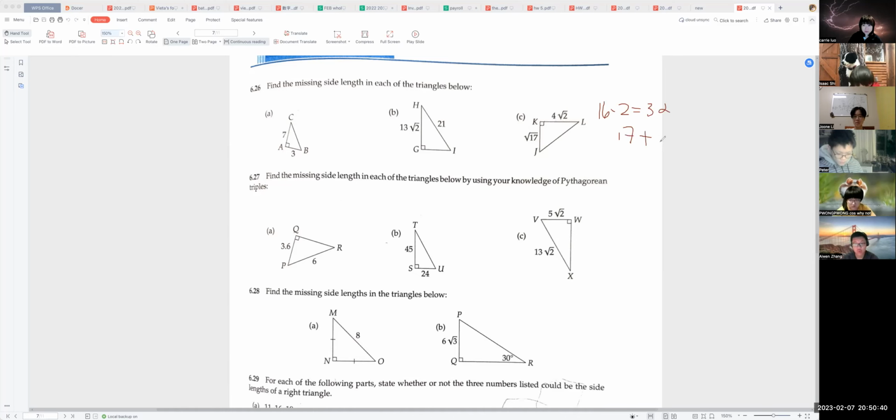So 32 plus 17 equals 49. So this one equals 7, right?